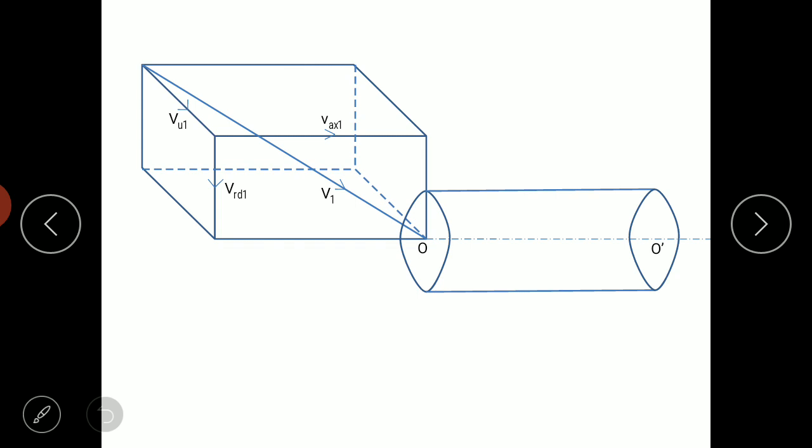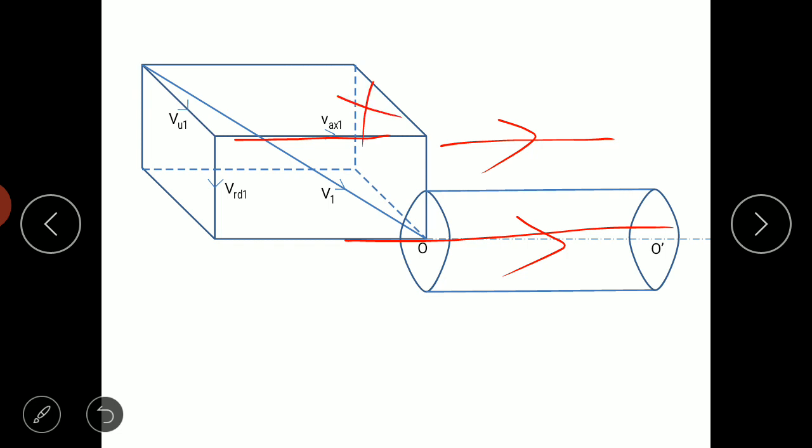Now, out of these three, not all of them make the wheel rotate. There is only one component which makes the wheel rotate. The axial velocity component Vx does not make the wheel rotate because it flows like this, so it does not contribute towards work done.